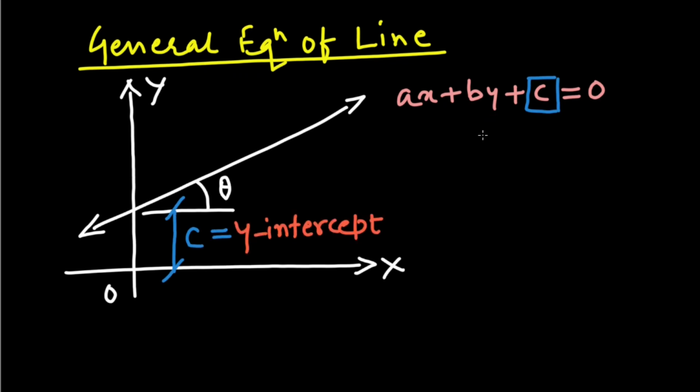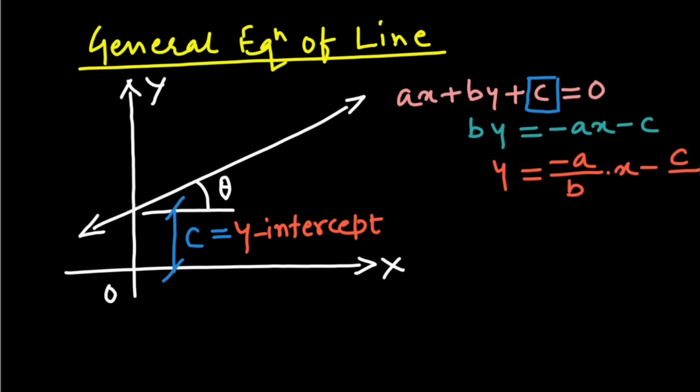We can write this equation as by equals minus ax minus c, which will be y equals minus a by b into x minus c by b.